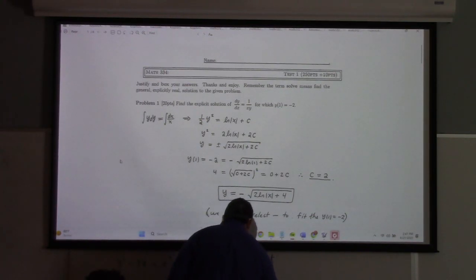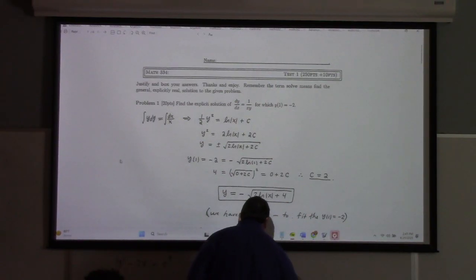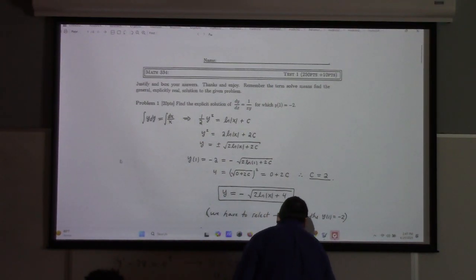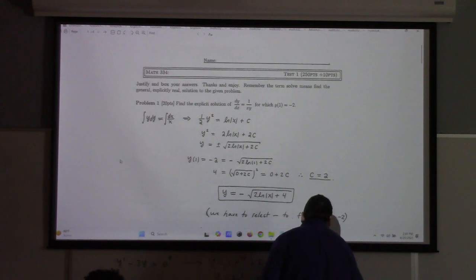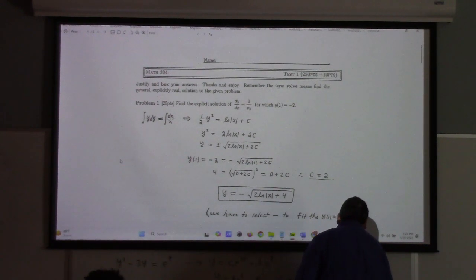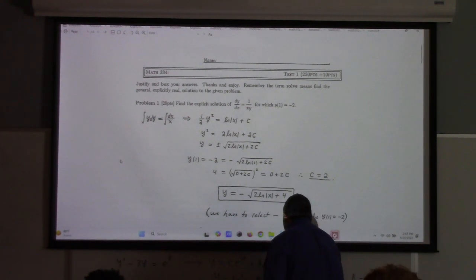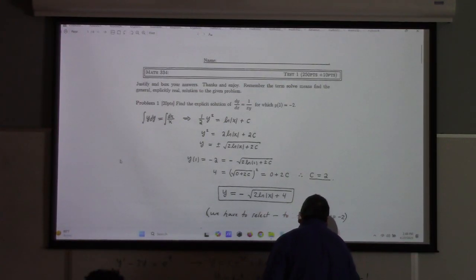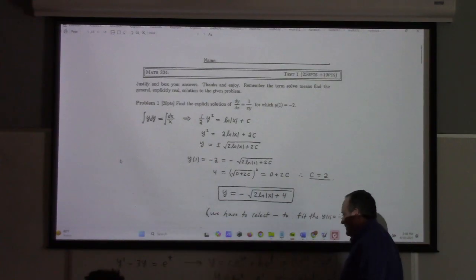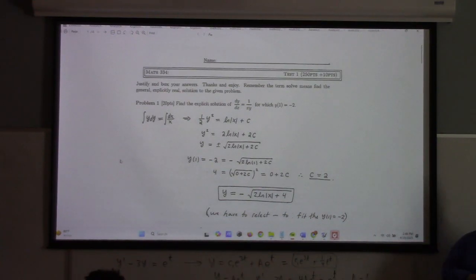So yp prime minus 3yp is equal to 4a e to the t, which is equal to e to the t. Therefore, a is equal to 1/4. And so my solution is c1 e to the 3t plus 1/4 e to the t, right? That surely is easier than actually doing the integrating factor method.